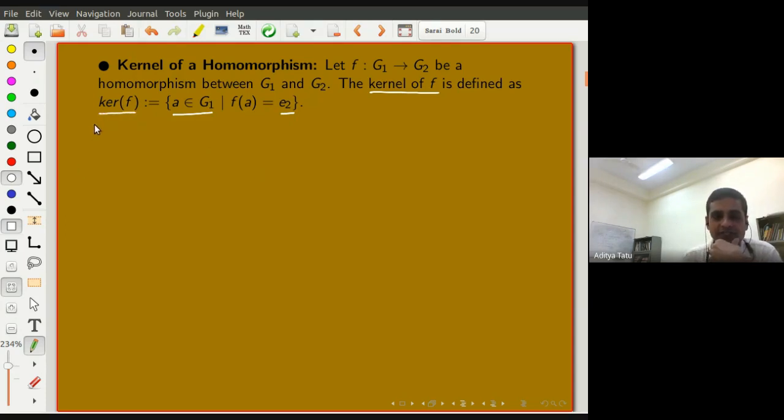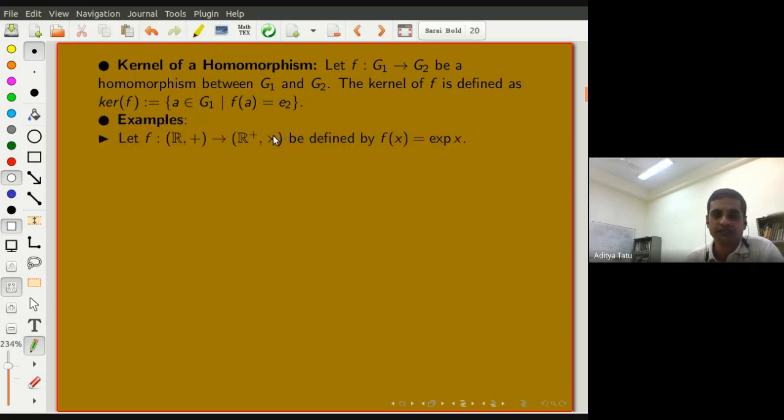I think in the textbook the notation is kern of f, so it's just a small variation. This ker is something that we'll also use for the second part of this course, so I thought let me stick with this notation. Once again, ker of f, where f is a homomorphism between two groups, is the set of elements in the domain such that all of them get mapped to the identity of group 2. I hope this is clear.